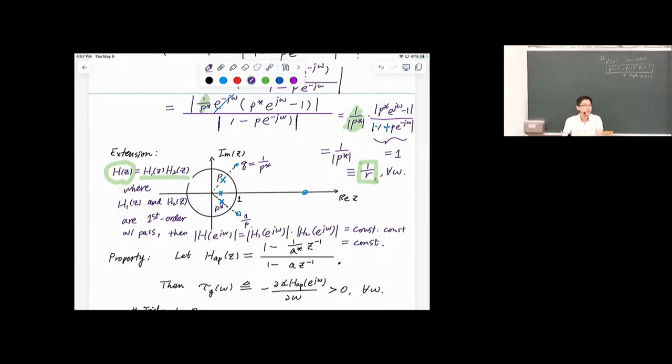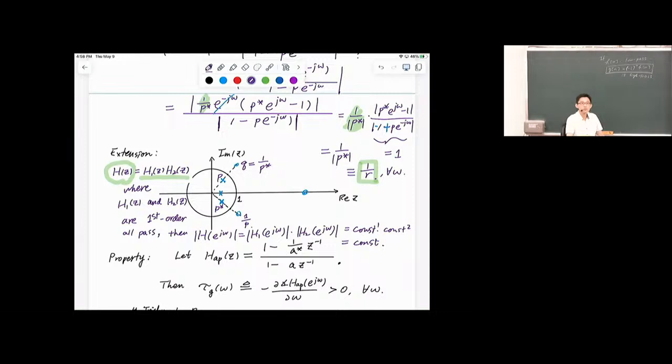So if we have a lot of first order all-pass systems, we can cascade them indefinitely, as many as you want, and multiply their system functions. The result is guaranteed to have a constant magnitude response, because each subsystem has a constant magnitude response.